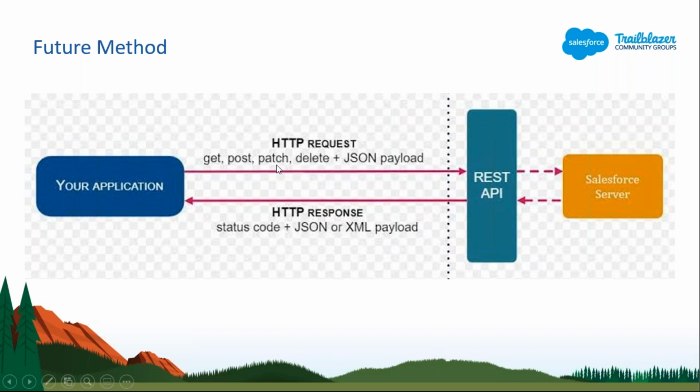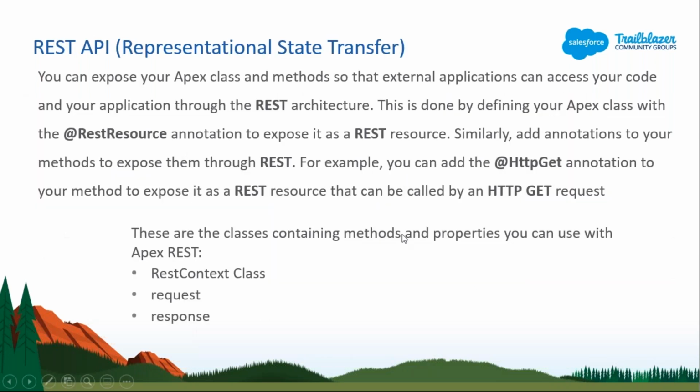If you are using the REST API, then it will send a request with get, post, patch, and delete plus a JSON payload. So it will create a JSON with your data and send a request to the REST API, and that REST API will go to the Salesforce server, fetch all the data, and give you the response in the XML payload, which is the WSDL file in our case. So this is the REST API.